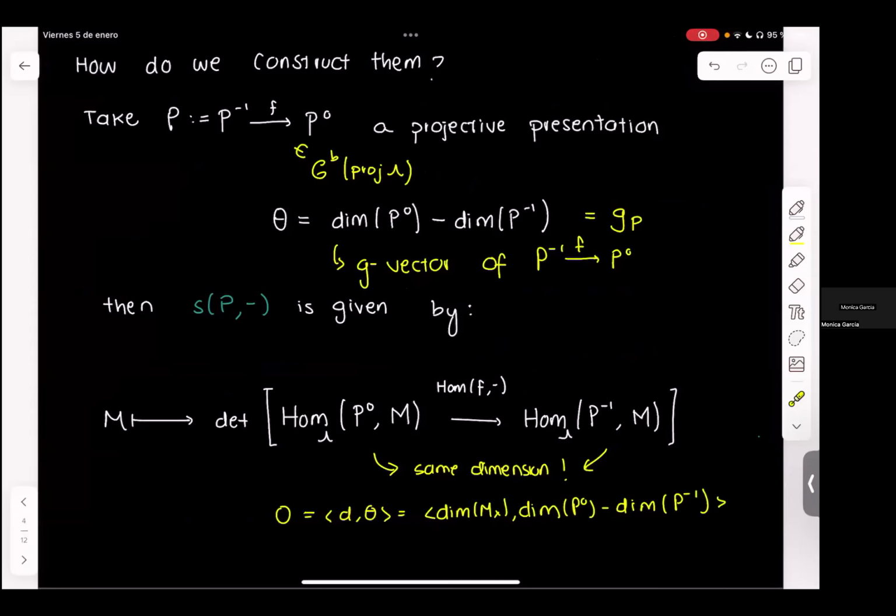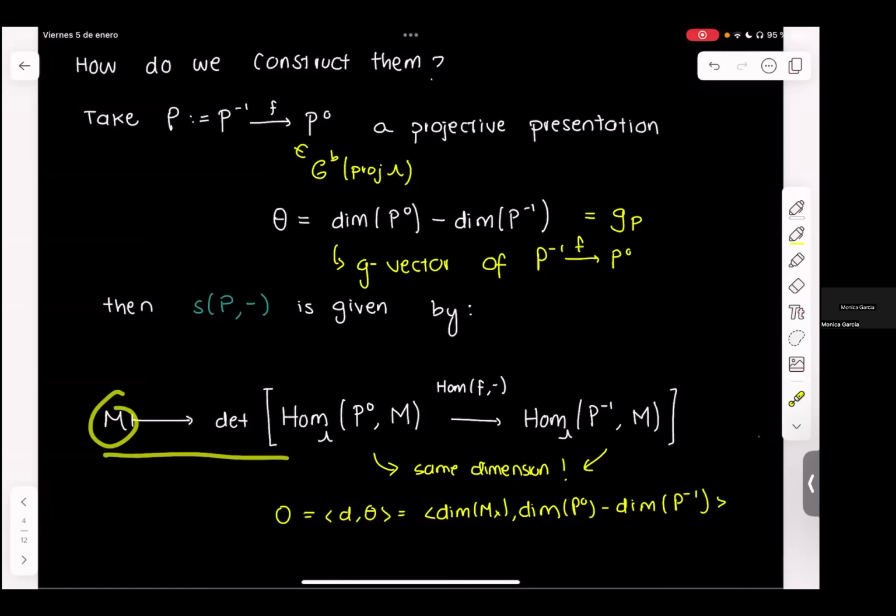Well, thanks to two-term complexes of projective modules, or as I like to call them, and from now on it will be called, a projective presentation. So we take a projective presentation, that is nothing but a morphism between two projective modules, such that its G-vector, which is nothing but this difference of dimensions, equals the parameter theta that I choose. Then I will construct a regular function over the variety of d-dimensional representations given by this association.